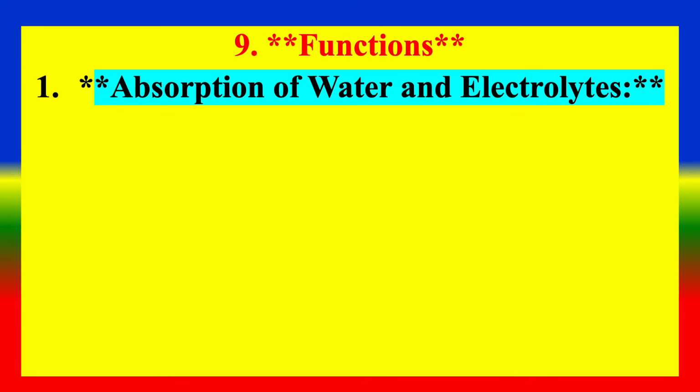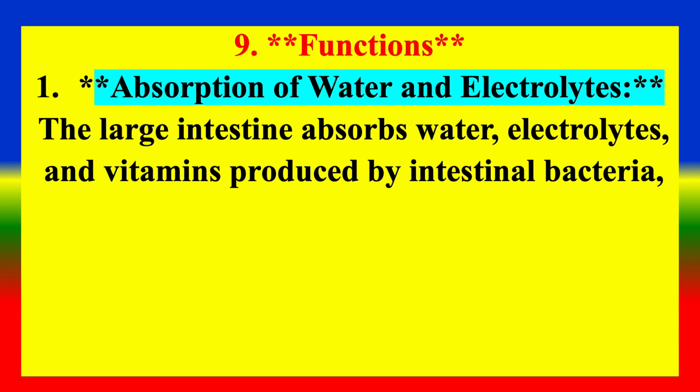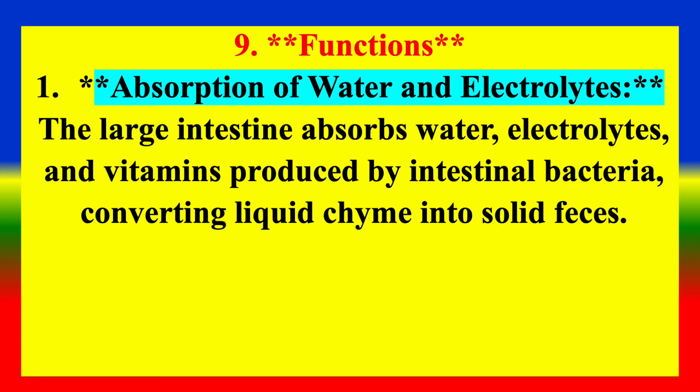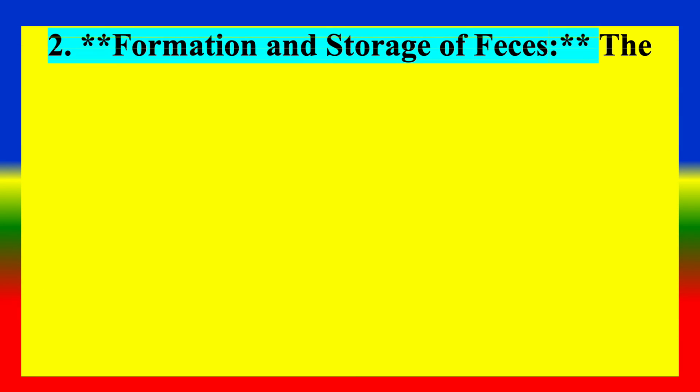Nine, functions of the large intestine. First function, absorption of water and electrolytes. The large intestine absorbs water, electrolytes and vitamins produced by intestinal bacteria, converting liquid chyme into solid feces. Two, formation and storage of feces.